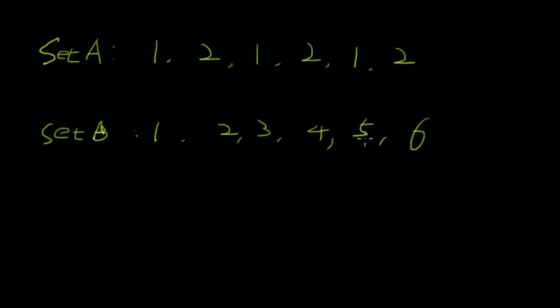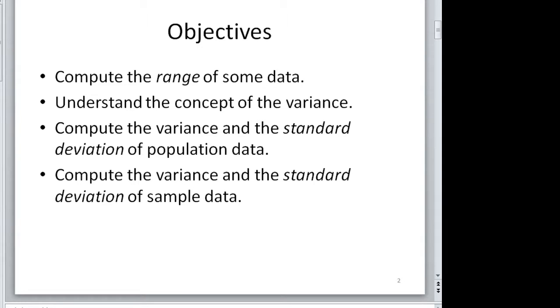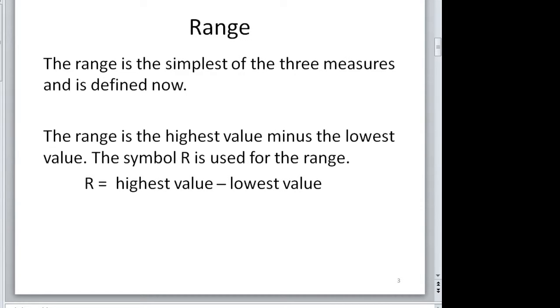Even though both data sets have 6 data points each, set B is definitely more spread out. Set A is definitely more concentrated. Now, we try to come up with a numeric measure, a number that describes how spread out or how concentrated these data sets are.